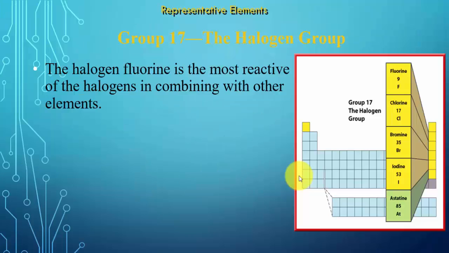Representative elements, some facts for the halogen group also. The halogen fluorine is the most reactive of the halogens in combining with other elements. When all halogens combine with another element to make a compound, they react with the element in many ways according to their activity.